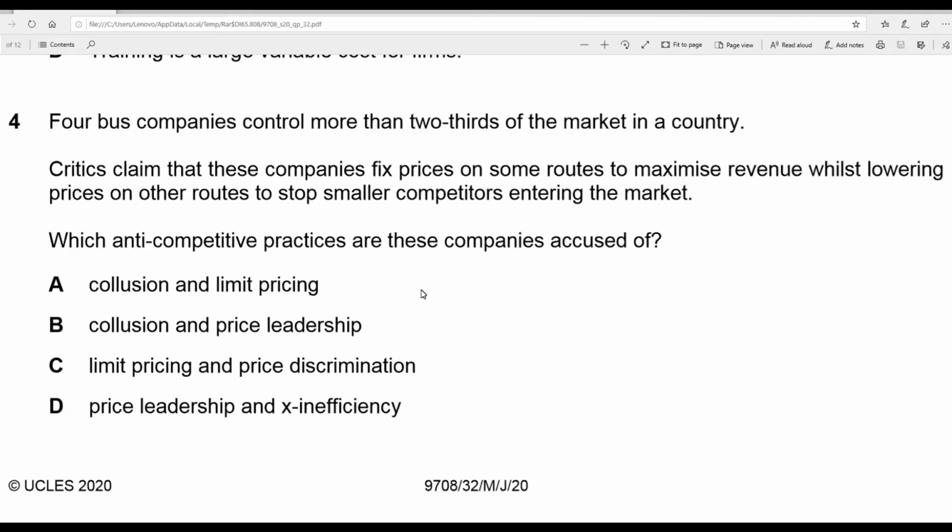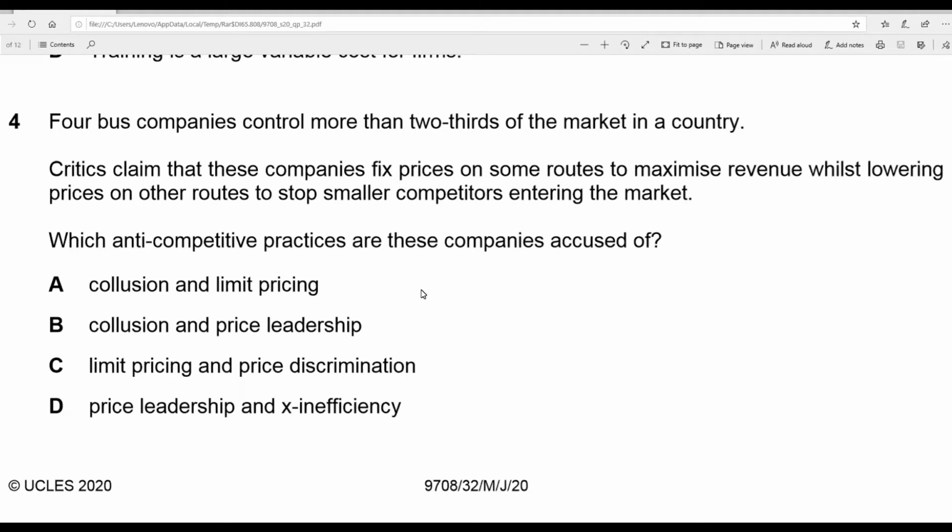Critics claim that these companies fix prices on some routes to maximize revenue while lowering prices on other routes to stop smaller competitors entering the market. Which anti-competitive practices are these companies accused of?